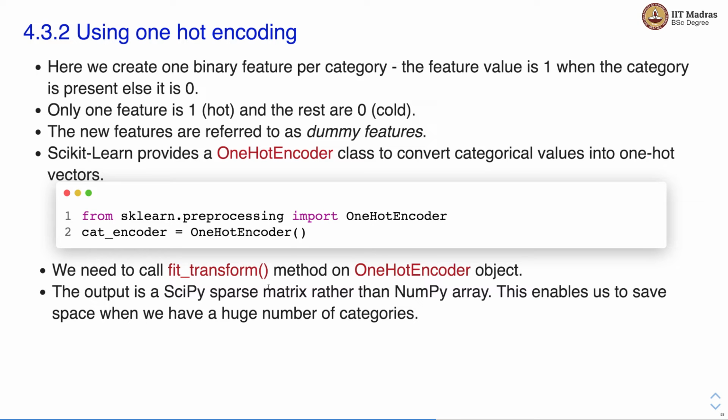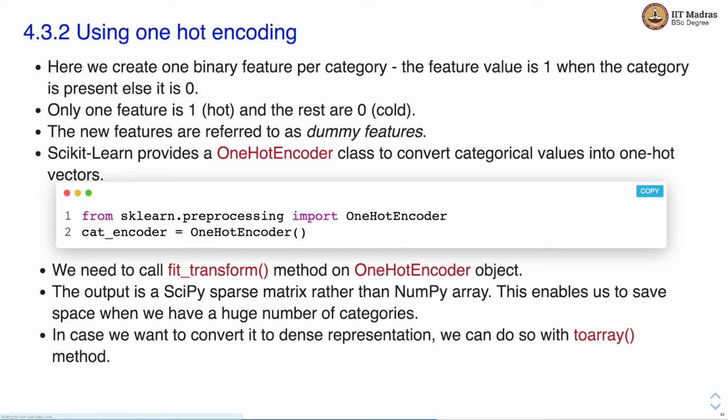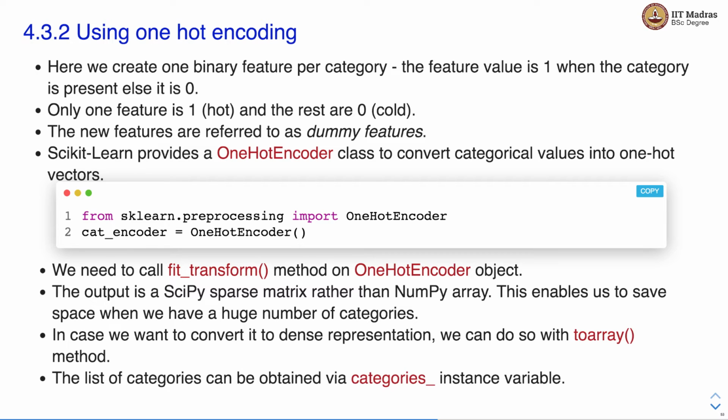Many features are actually 0 and only few features are 1. So this enables us to save a huge amount of space for this new representation. In case we want to convert it into a dense representation, we can do it with the toarray method. Again, the list of categories can be obtained via the categories_ member variable.